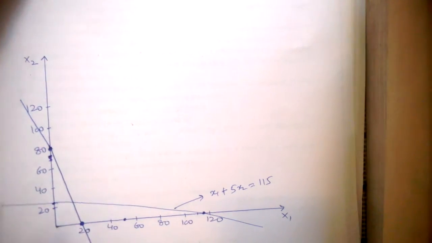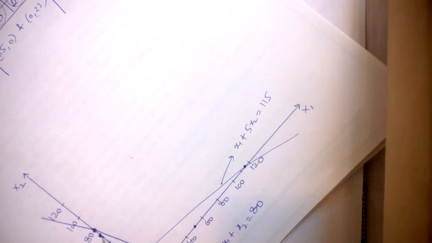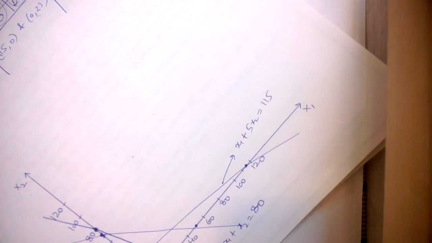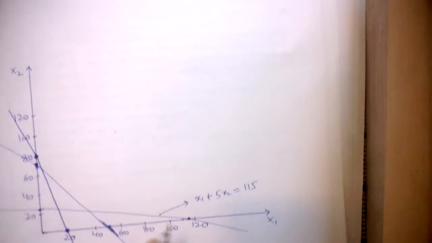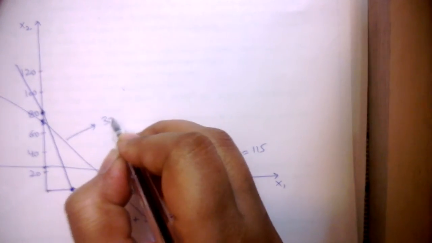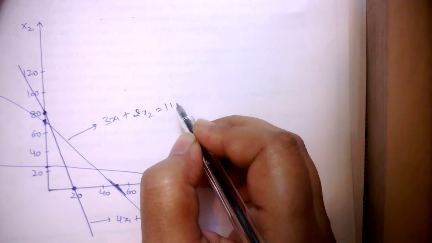Joining these 2 points, I'm roughly drawing this. You have to draw it using proper scale and pencil. So this is our third line, 3x1 plus 2x2 is equal to 150.